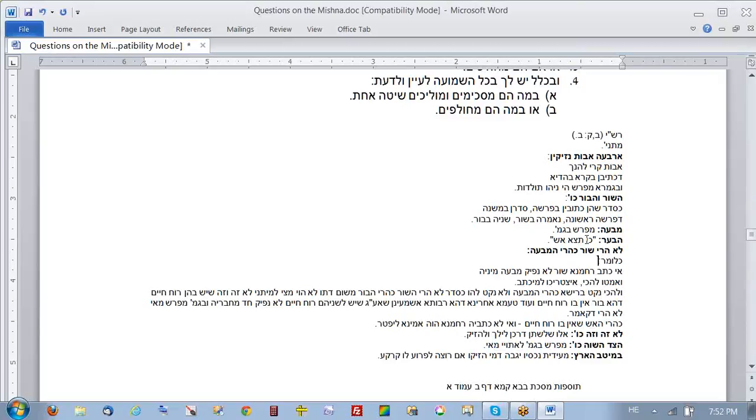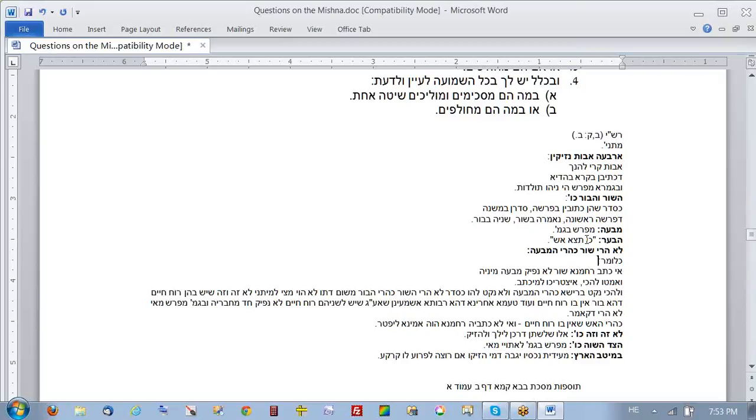But the reason that I wouldn't know mava if I only knew shor is because I would have thought that it's the chumrah which is making shor chayav, and since I would have thought that it's the chumrah that's making shor chayav, I wouldn't have learned mava because mava doesn't have that chumrah.